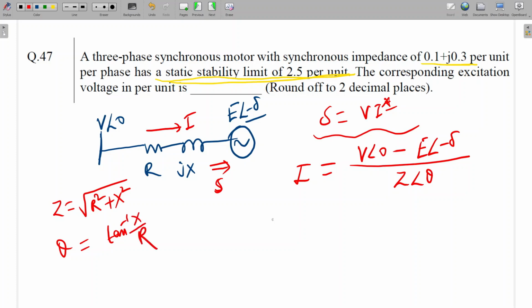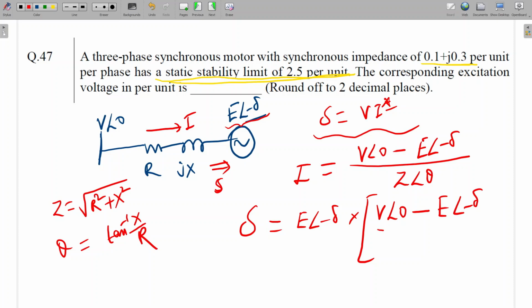So VI conjugate, what is the value of V here? E angle minus delta. So we can write the apparent power S as E angle minus delta into I conjugate, where I is V angle 0 minus E angle minus delta divided by Z angle theta, whole conjugate. By simplifying this, theta will go in the numerator, so it will be minus, and the conjugate will be plus.